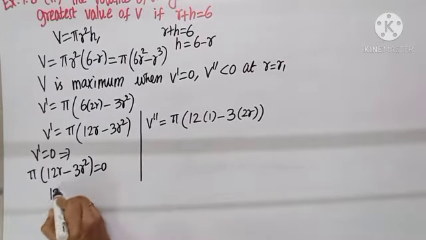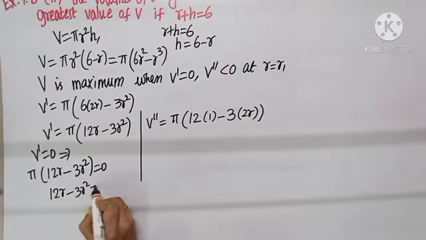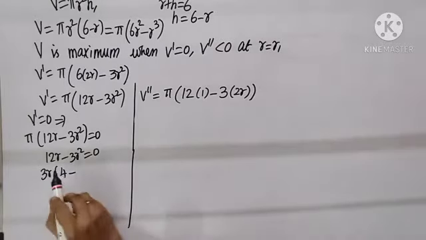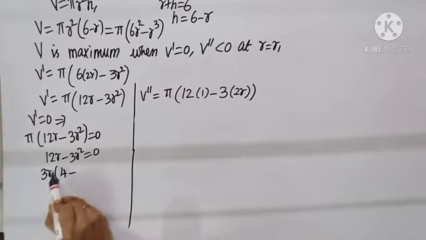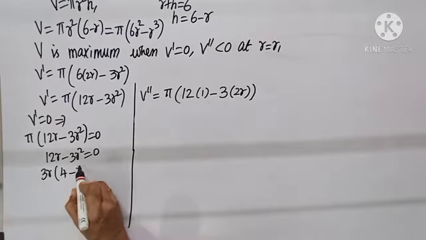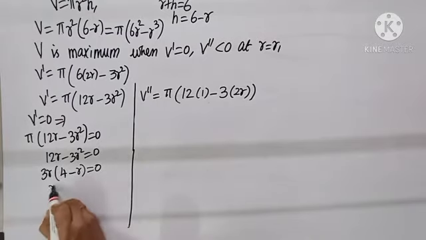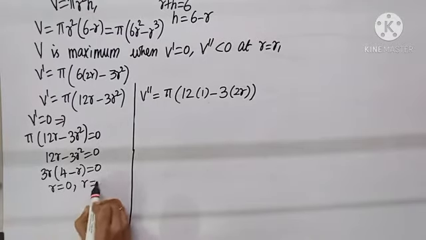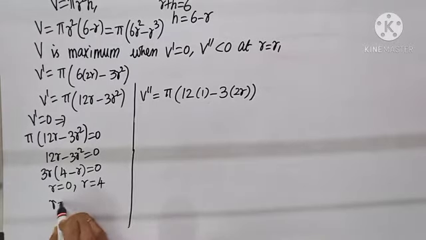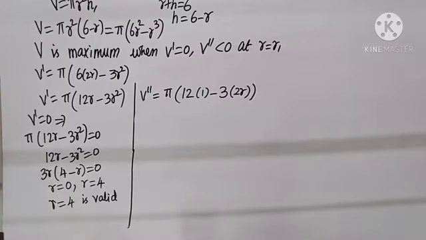So 12r minus 3r square equals 0. Taking 3r as common, it is 3r into (4 minus r) equals 0. R equal to 0 or r equal to 4. R equal to 4 is valid because r being the radius, r equal to 0 will not give any sense.